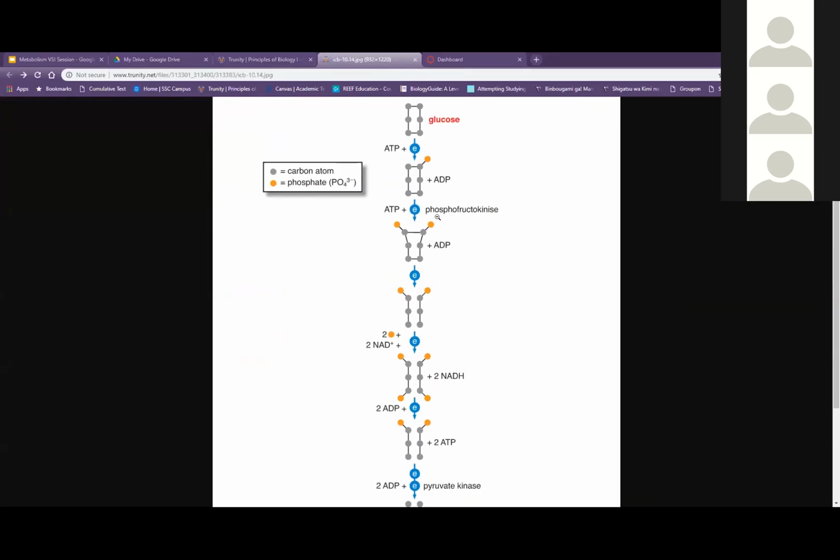Okay, so PFK, phosphofructokinase, is an enzyme in glycolysis, and the key thing to remember is that this is a slow enzyme. When glycolysis gets to this step, this is the slowest step of the whole reaction, so it determines the rate of the whole reaction.